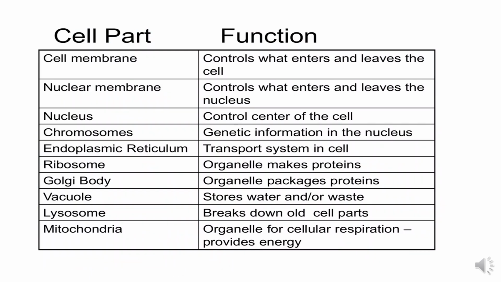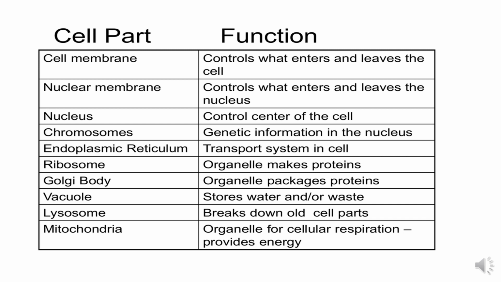Let us sum up the functions of various parts of the cell. Cell membrane controls the entry and exit of the materials in the cell. Nuclear membrane controls the entry and exit of the materials into and out of the nucleus. Nucleus is the control center of the cell. Chromosomes have genetic information in the nucleus.